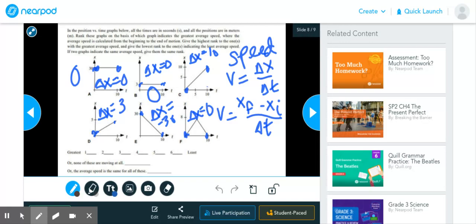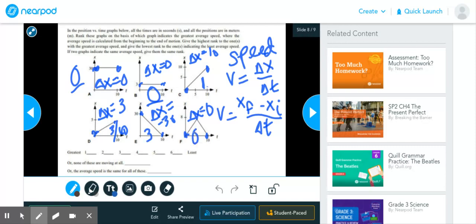So we're just ranking it based on the positions because we're dividing them all by 10. It doesn't matter. If you really want to know what the speed is, we've got a speed of 0 here, 0 there. 10 divided by 10 will be a speed of 1. 3 divided by 10 gives us 3/10. Negative 30 divided by 10, so that's a speed of 3, and then a speed of 0.